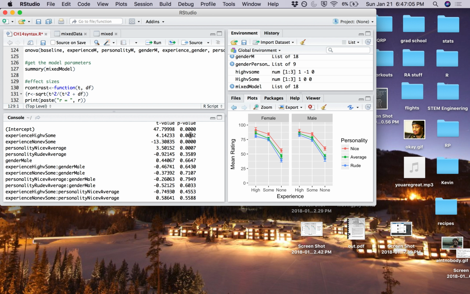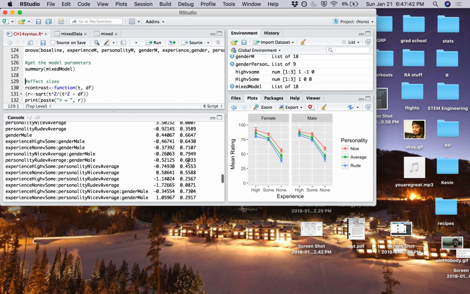And then the second contrast is for experience of none versus some here. And that is also significant. So individuals with some experience were rated significantly higher than individuals with no experience, as we can see from the p-value. And because there are significant interactions involving experience, we shouldn't really interpret the main effect because the higher order interactions supersede it.